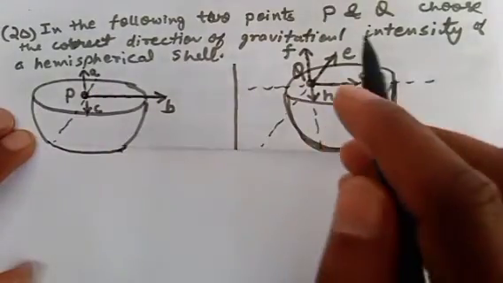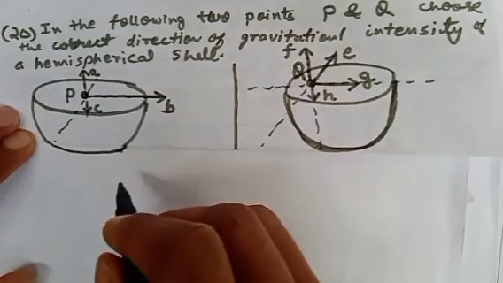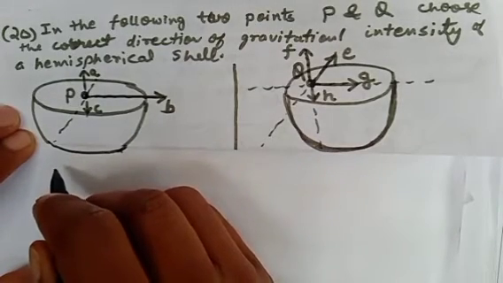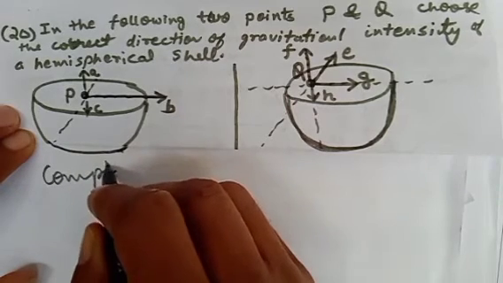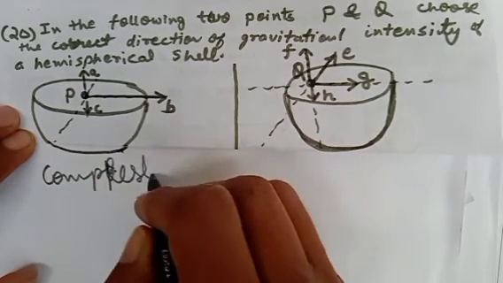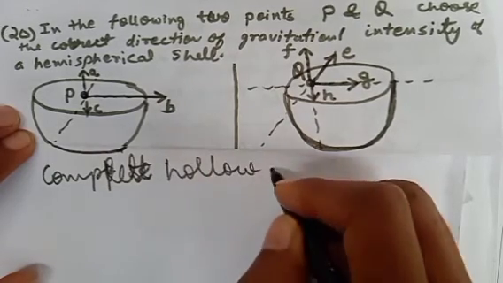Alright, in the following two points P and Q, choose the correct direction of gravitational intensity. Okay, so here, if we consider a complete hollow spherical shell, what is happening?